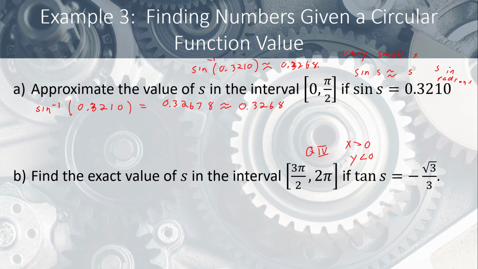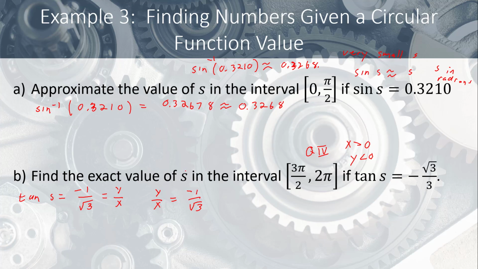Furthermore, we can write tangent of s in its non-rationalized form, which would be negative 1 divided by the square root of 3. Well, if that's the case, then this is equal to y over x, and y over x is equal to negative 1 divided by the square root of 3 in quadrant 4.